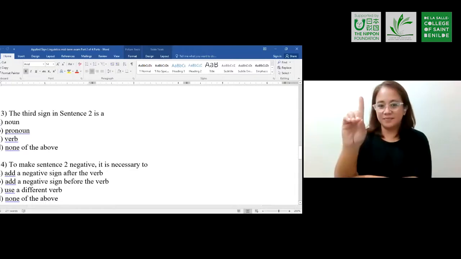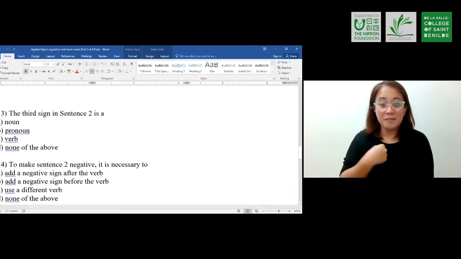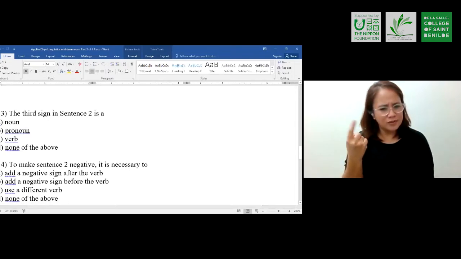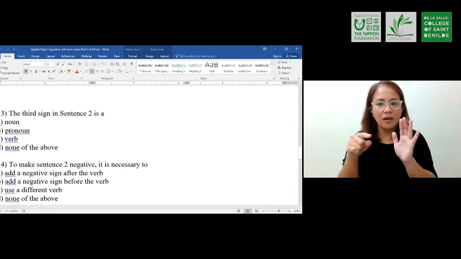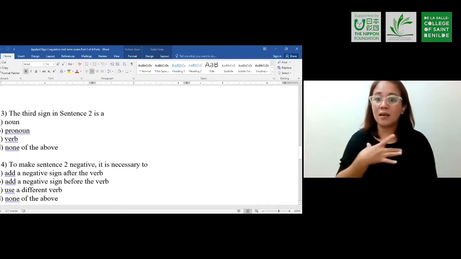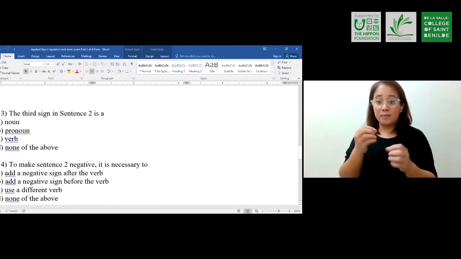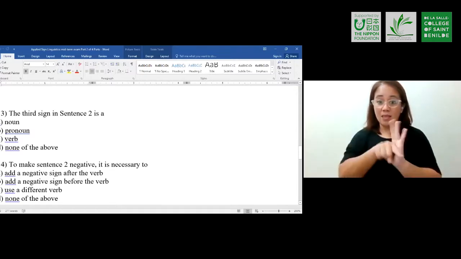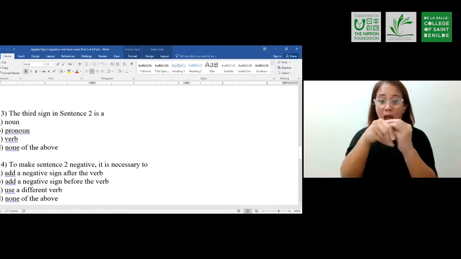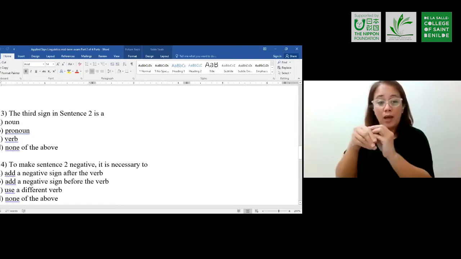Now the next sentence, 14. When I first did this, like was a verb, like. Okay? Like. So if you want to make like a negative sign, you add a negative after the verb, you add a negative sign before the verb, or you use a different verb.